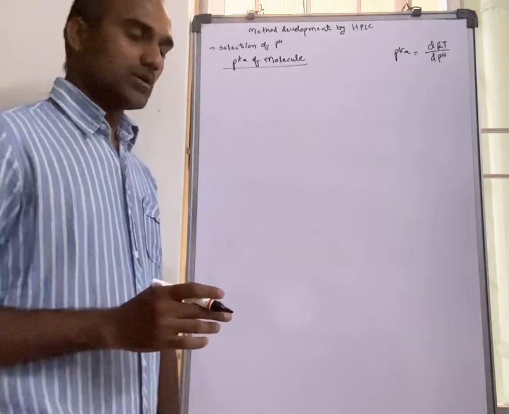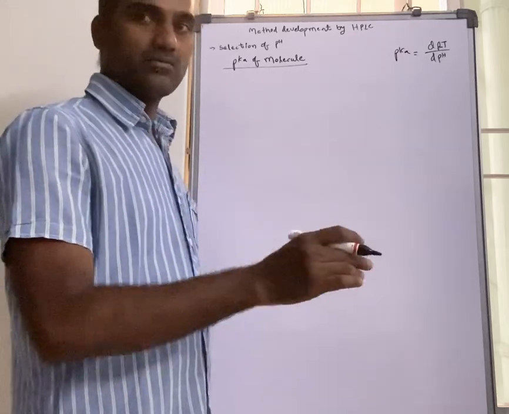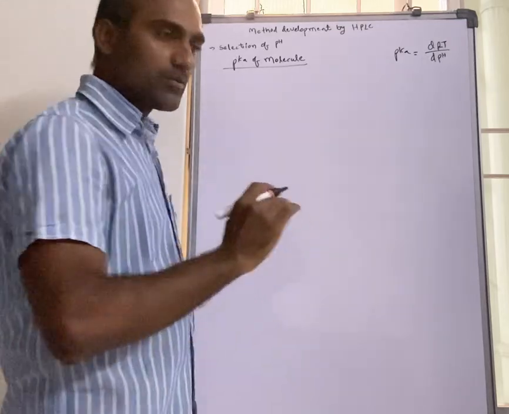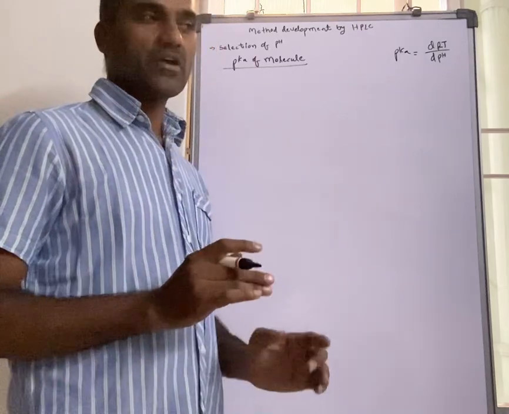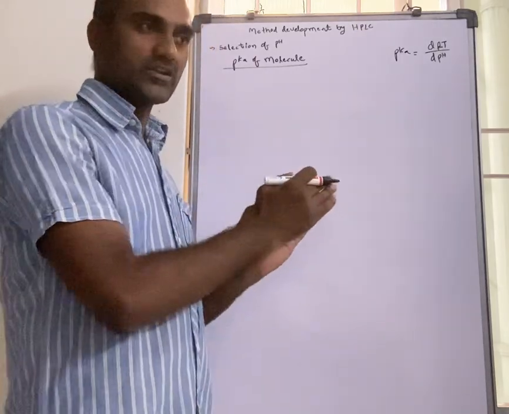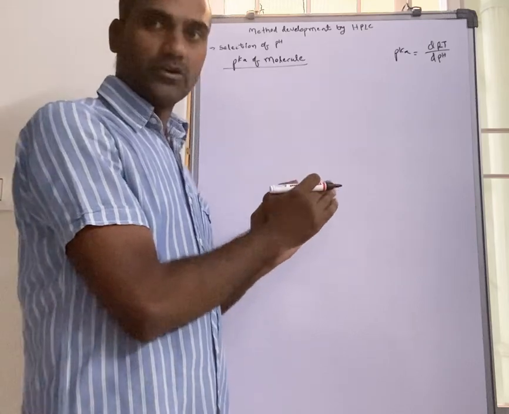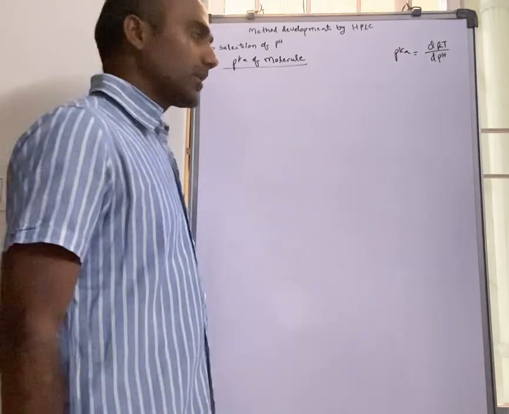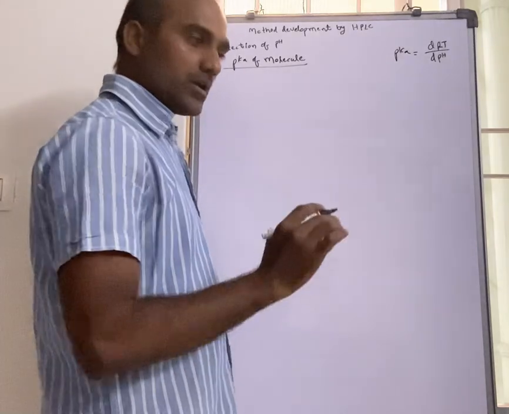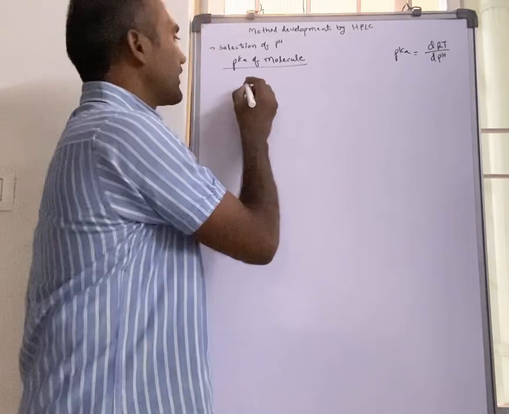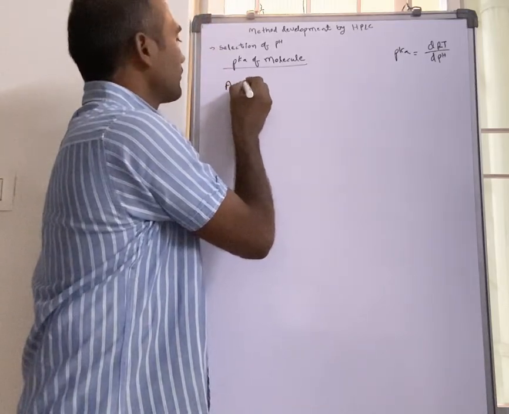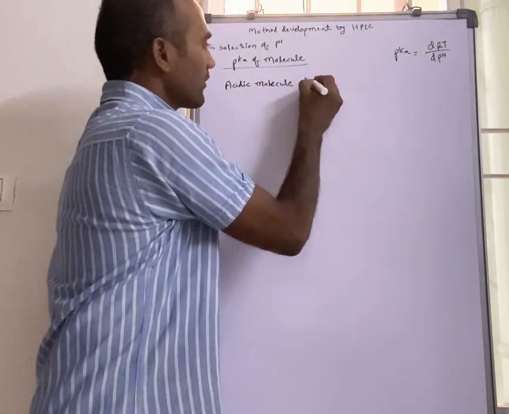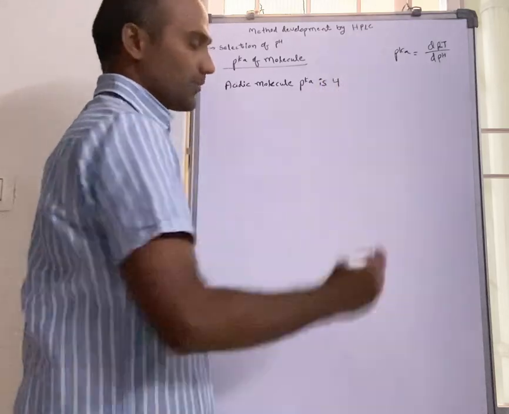Now, how do we select the pH based on the pKa of the molecule? Suppose for acidic molecules the pKa is around 3 to 4, and for basic molecules it is around 7.5 to 9.4. For example, take an acidic molecule whose pKa is 4.